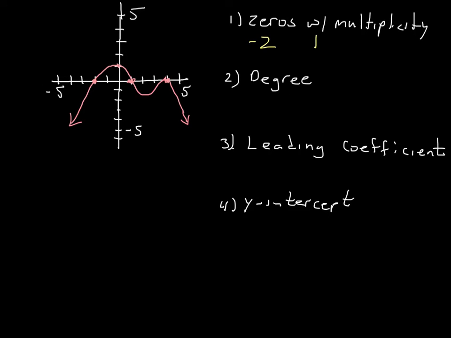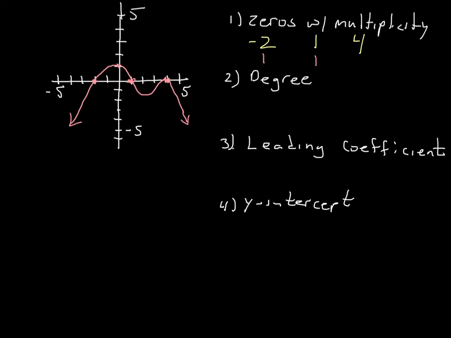Generally you're going to want to use the smallest one that we could have, so in this case it's going to be 2. So for these particular problems, what I know is that negative 2 has a multiplicity of 1, so I'll put the multiplicities in red.